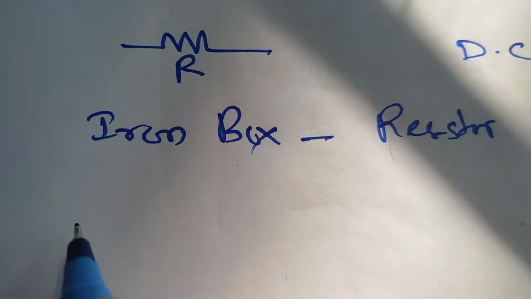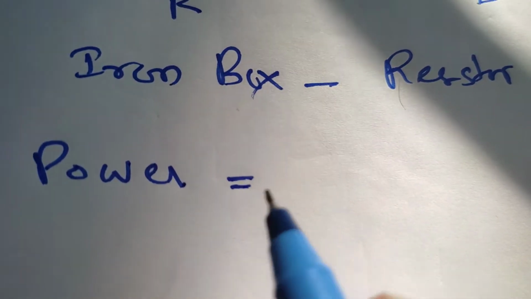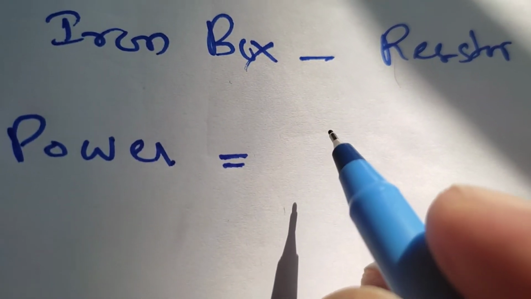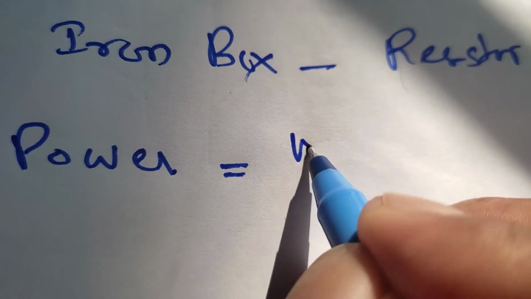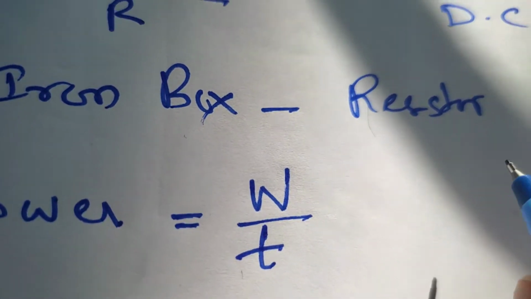Now we see what is power. Power is defined as the rate of doing work per second.